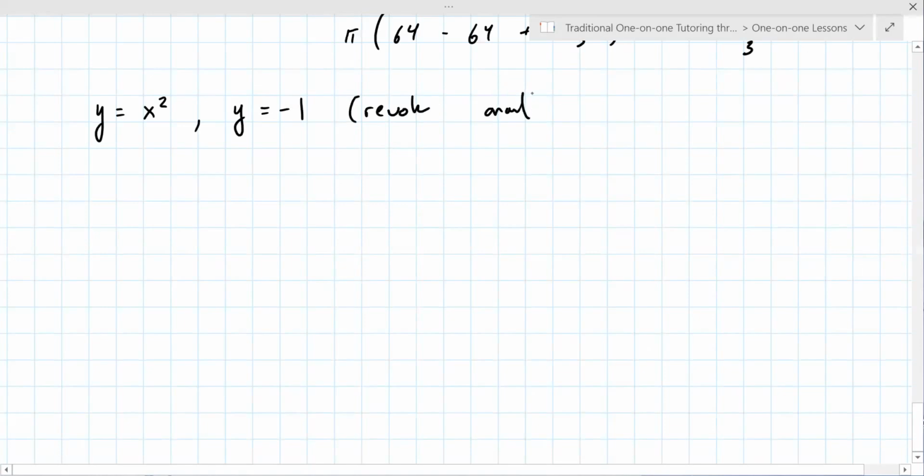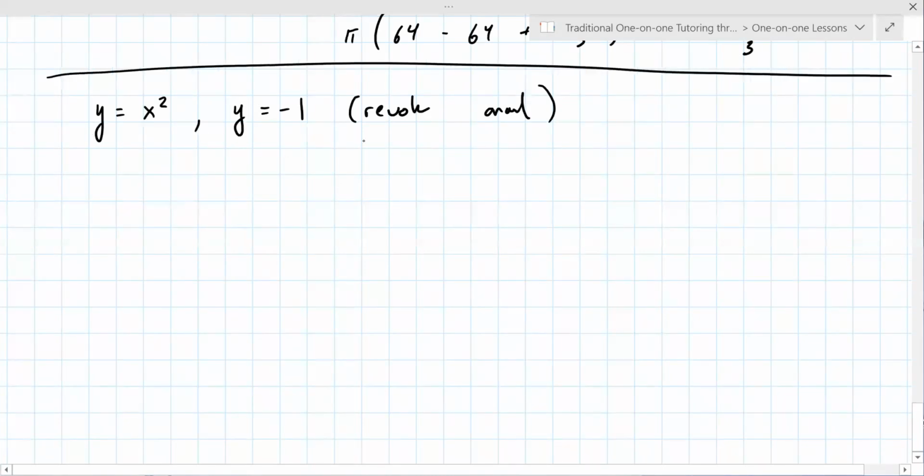Okay. And it's also a boundary. So I'm sorry, I'm not writing out the complete question, but it's the region bounded by these. But we're also going to revolve around y = -1.